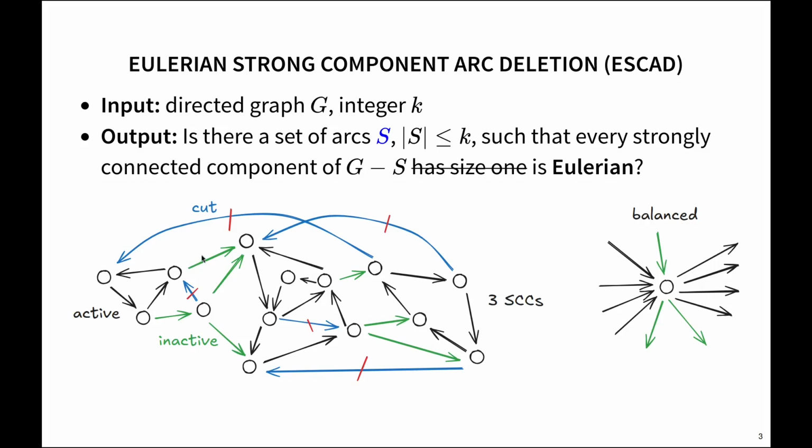What this means is that we can run an algorithm to find strongly connected components on the result, and this creates some number of strongly connected components, which are black in this picture, and we want these to be balanced, meaning that every vertex has the same number of edges coming in and going outside of it, and these edges are within the strongly connected component. All the edges that are such we call active, and all edges that go between strongly connected components, so they cannot return back, we call inactive, and they do not count towards the final balance of a vertex.